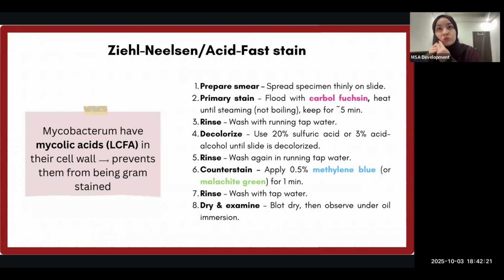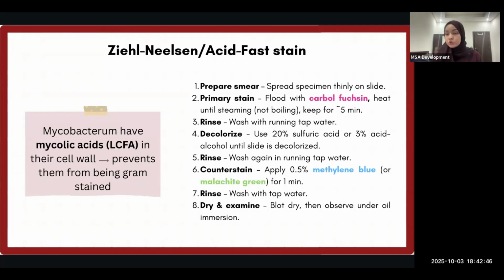Now, why do you need to use an acid-fast stain? Because TB has a cell wall made up of mycolic acids, or long-chain fatty acids. And these fatty acids do not take up the Gram stain. So you need to do something called an acid-fast stain. You basically stain it with something else and then counterstain it. This is the only way that you'll be able to see it.